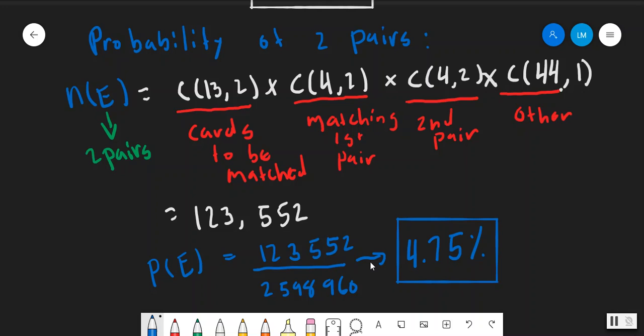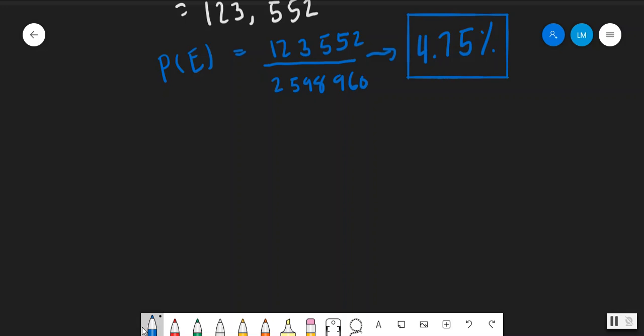Now, the other thing that I can look at, for example, is what happens if I only have one pair. That could be another possible question when dealing with probabilities and cards. So let's say that we look at the probability of one pair.